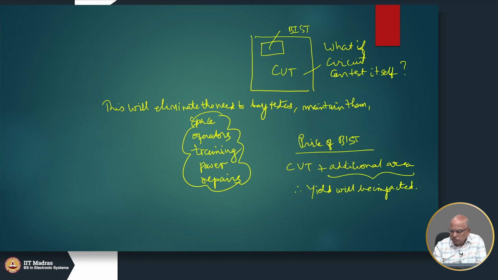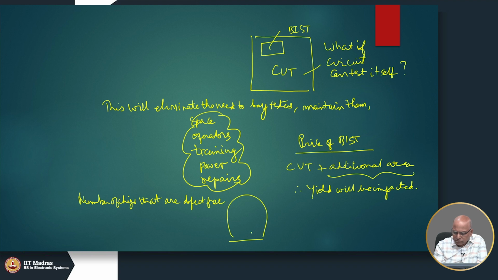A small increase in area will have a serious impact on the yield. Yield is the number of chips that are good, that are defect free. I may have explained this before also.